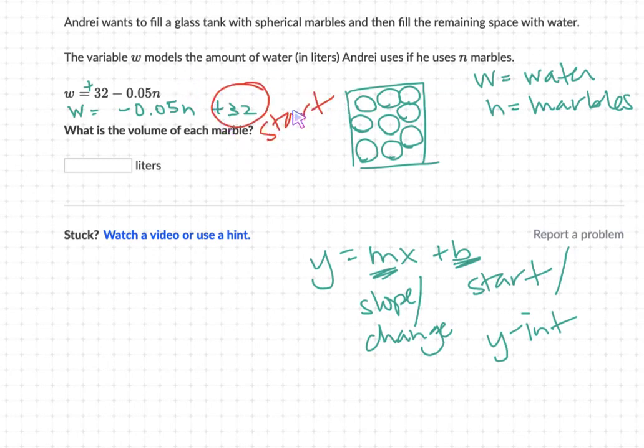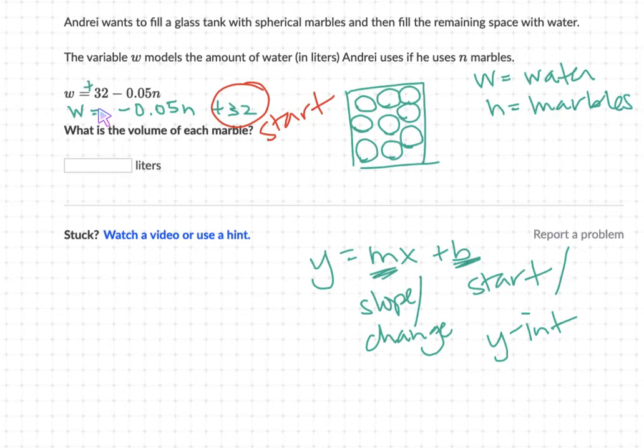We're putting water into a glass tank, so this is how much water was at the start. So meaning when there's no marbles in this tank at all, it's going to be 32 liters of water. And then for every marble that we add into the glass tank, he's going to use less water to fill up the tank, right? So that's why it's being subtracted from 32.